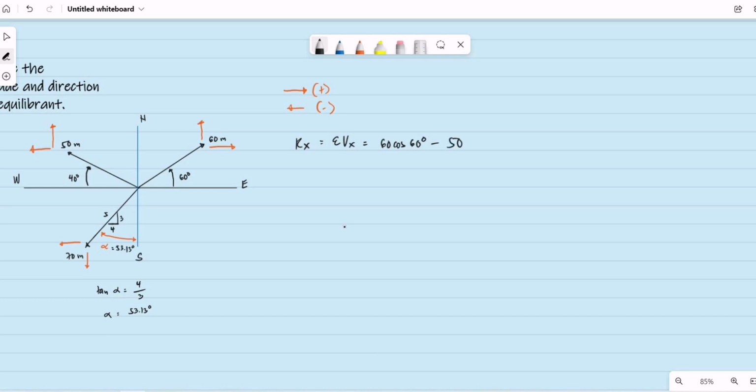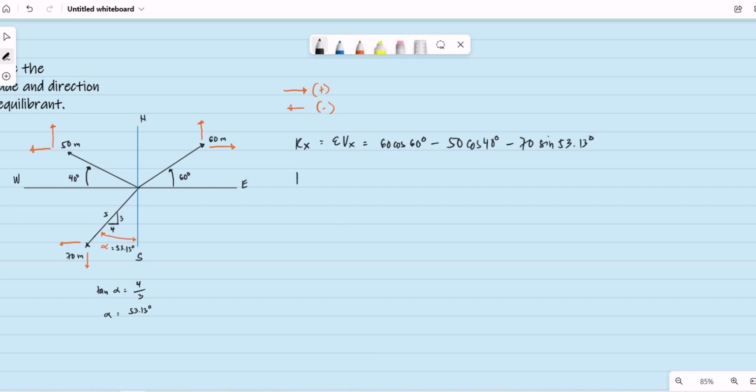So we have 50 cosine of 40 degrees. Then minus also for the 70 meters, it is also towards the left. So minus 70, its component is west, is the sine of 53.13 degrees, since that is the opposite side of this angle.